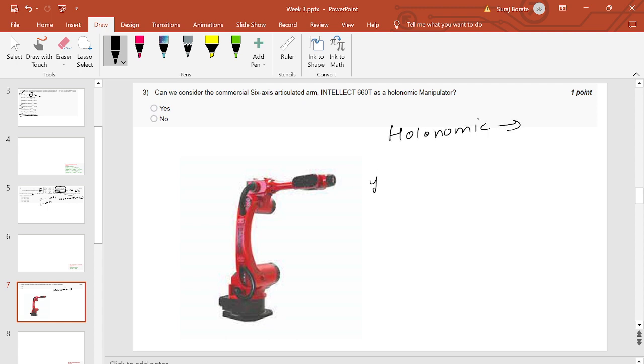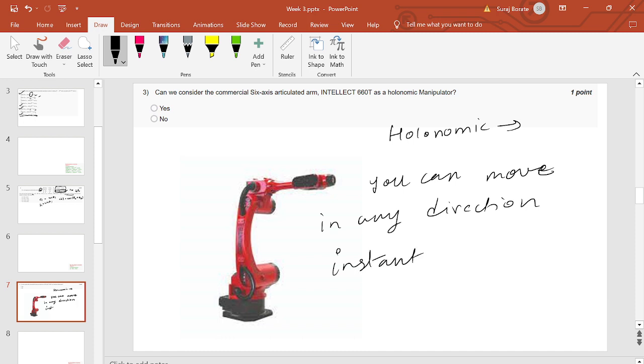Holonomic means that you can move in any direction instantaneously. Okay. So the spelling might be a little bit off, but okay. So this is the idea.